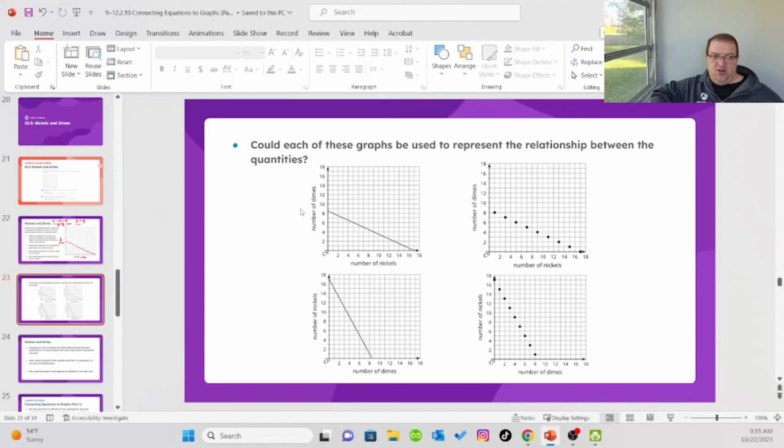And the answer is no. So I could not have solid lines for my graph, because this would mean I have 8.5 dimes, or some other partial dimes or nickel combinations along the way. We need to have only whole number nickels and only whole number dimes. So the top right graph could be correct, and the bottom right graph could be correct, but not the two on the left.